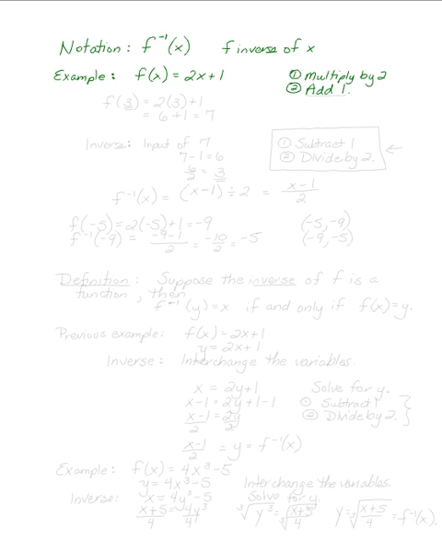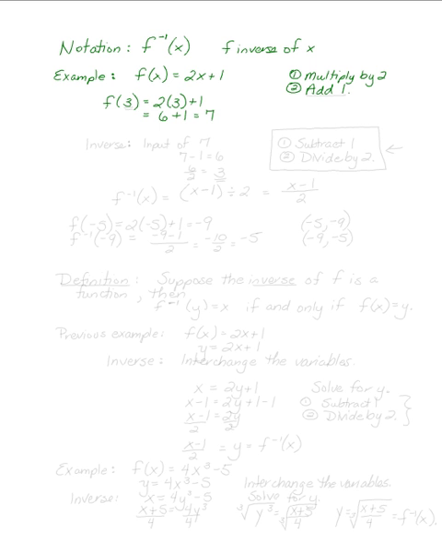So for example, if I wanted to find f of 3, what I would do is put the 3 into my function, but in order to evaluate it, the first step is to take 2 times 3, which is 6, add 1, and we will get an output of 7. So we have an input of 3 and an output of 7.